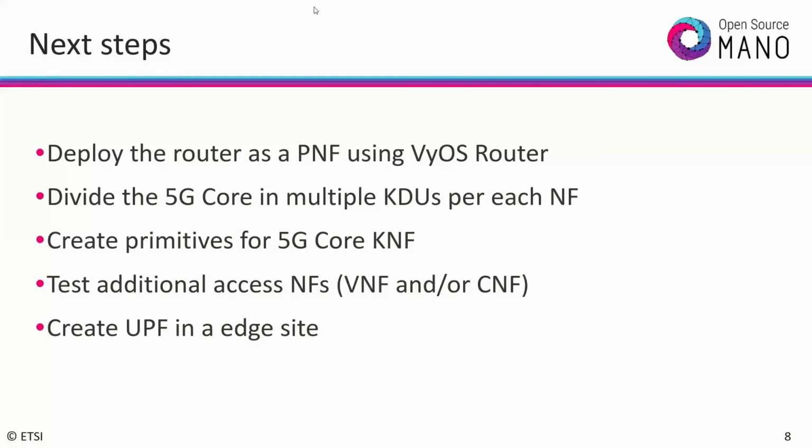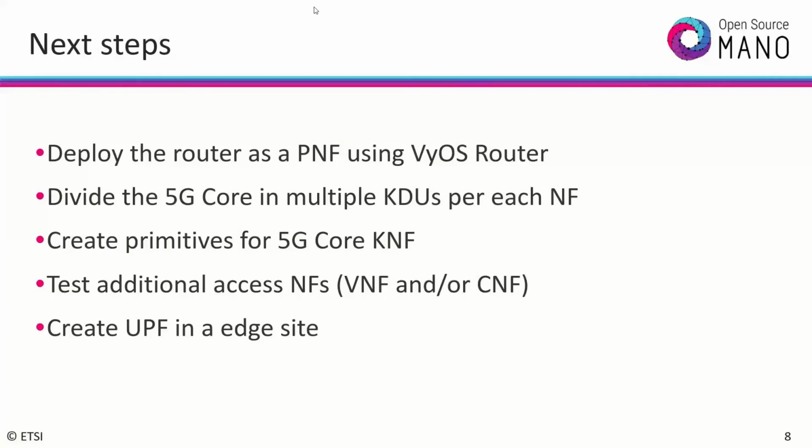As you saw, currently it is one packed Helm chart, so we can divide it and have multiple KDUs. In addition, we're going to create primitives for the 5G core KNF. We're going to see how we can send commands to this KNF. We have to explore that.